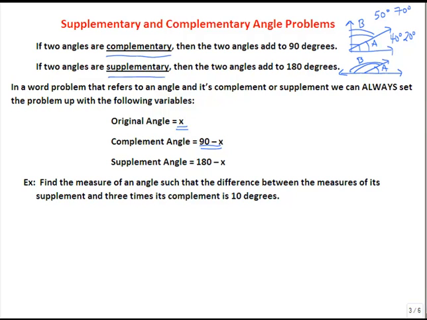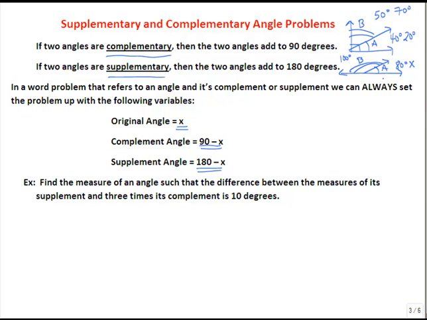So again, we would say that angle A plus angle B is 180, therefore angle A and angle B are supplementary. So for example, if angle A was 80 degrees, then that would force angle B to be 100 degrees because they have to add up to 180. So if angle A is X degrees, then angle B would have to be 180 minus X to force the two angles to add up to 180.